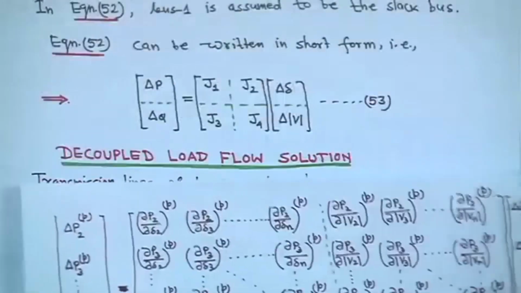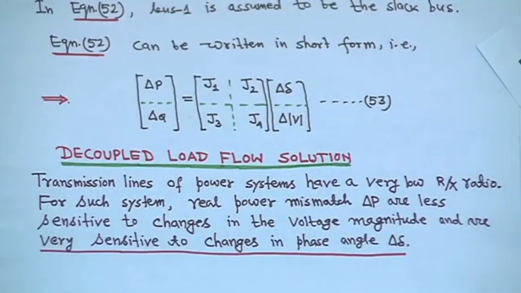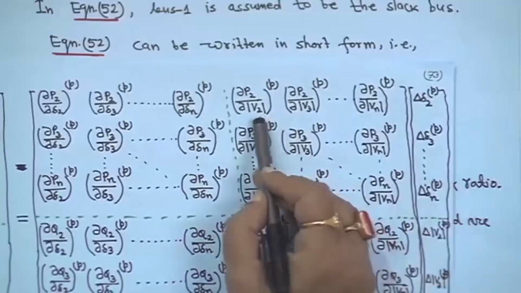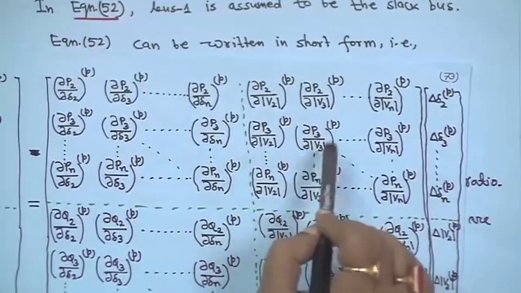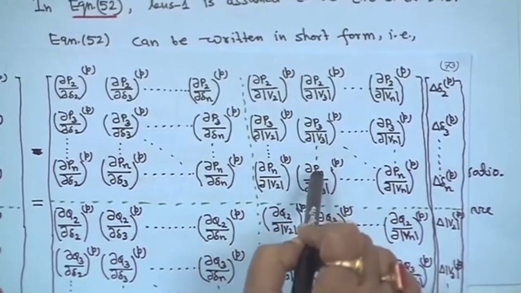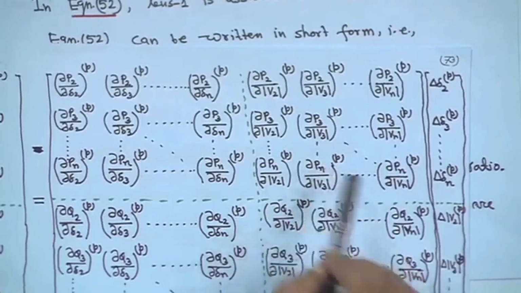Now, generally in transmission line power systems, they have a very low R by X ratio, because R is small and reactance is high, right. So, for such a system, real power mismatch delta P is less sensitive to changes in the voltage magnitude. That means, if you take the derivative of delta P with respect to delta V, these real power changes are not very voltage sensitive, right.